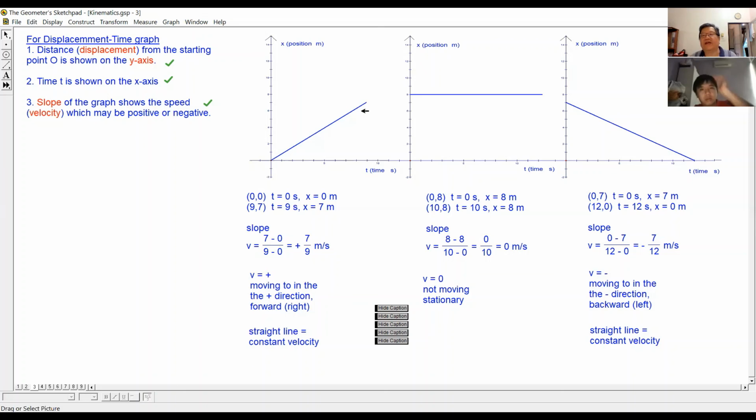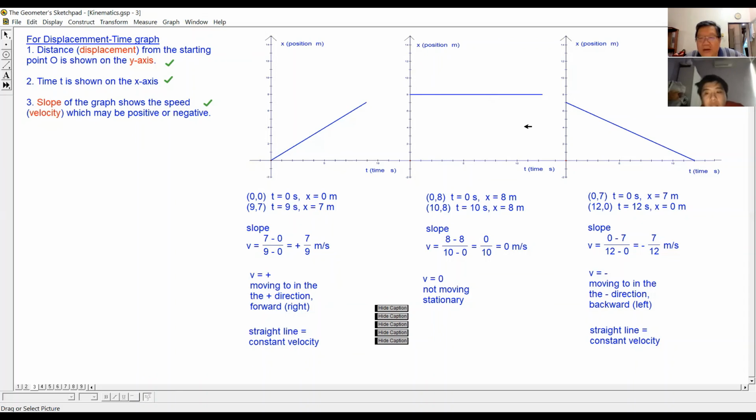Positive direction. Now let us look at the third graph, the extreme right. This type, the line coming down like that, moving or not moving? Moving. Moving in which direction? Negative direction. The line horizontal like that, moving or not moving?